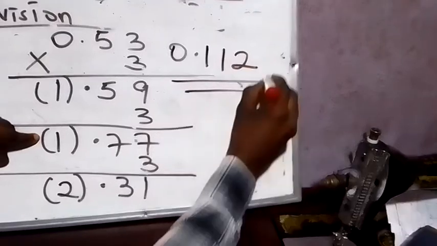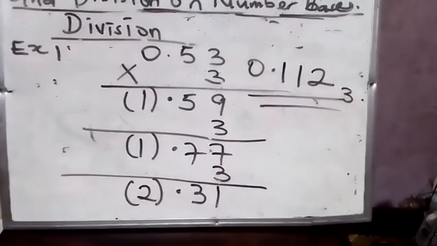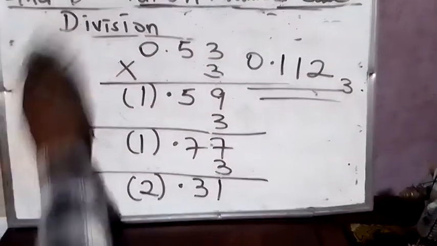is 3. So that is the answer for that division. Let's take one more under divisions.